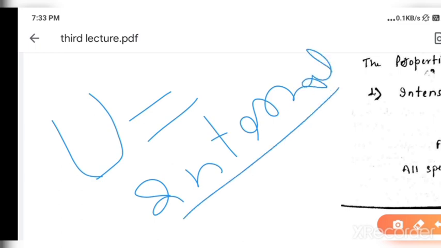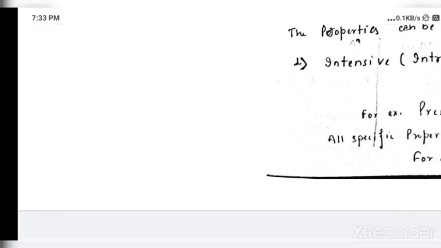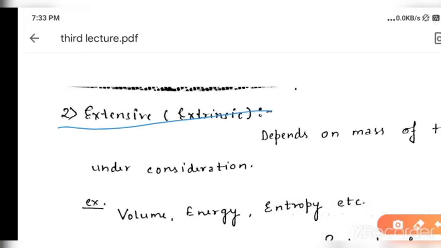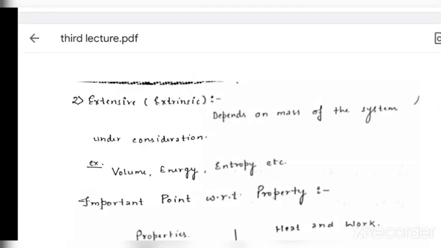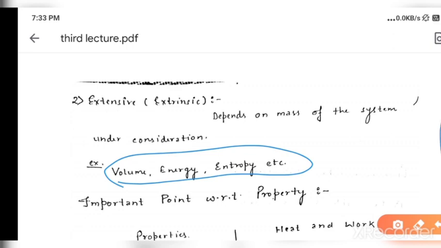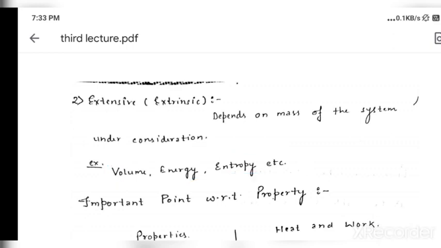Then what is it? So we come to the next point, that is called extrinsic. Extrinsic properties depend on the mass of the system under consideration. So that is volume, energy, entropy and many more. That's it for the properties of the system.